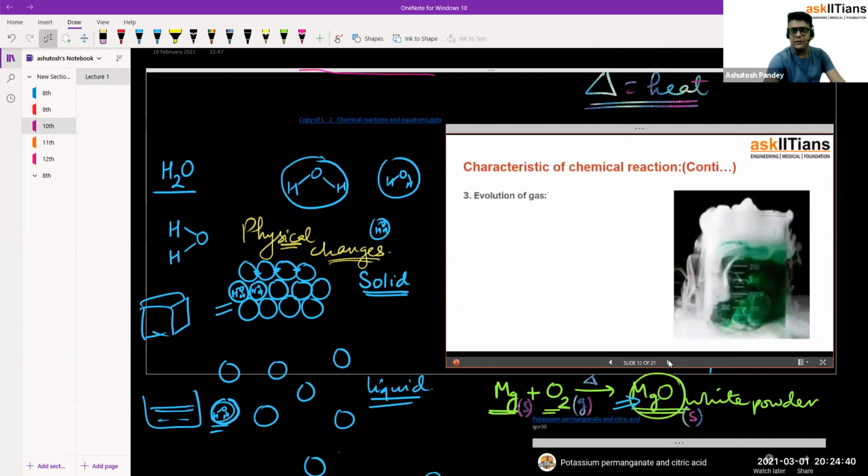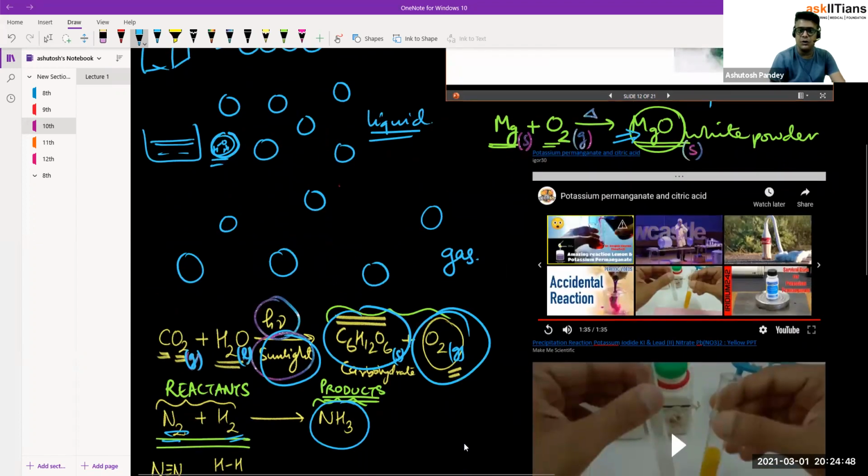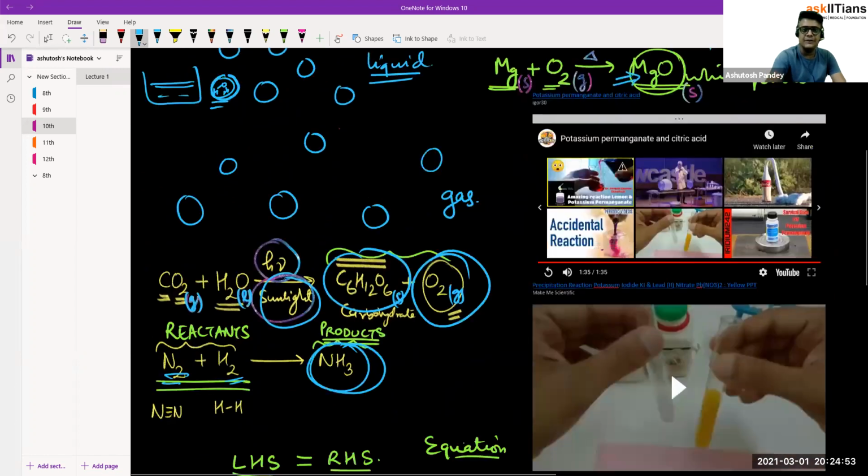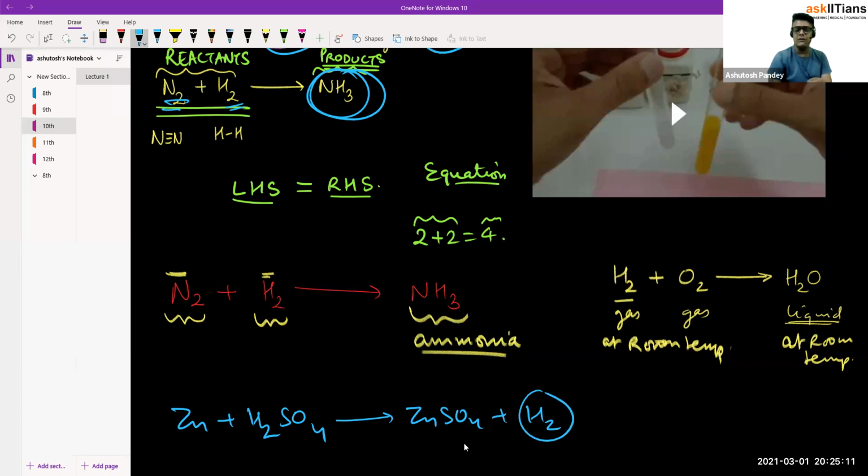Now next, evolution of gas. See here some gas is evolving, here also some gas is evolving, like in the previous example where zinc was reacting with H2SO4. So how will we come to know that the reaction has occurred? Because ZnSO4 plus H2 is formed, and when we bring a candle near this H2, the candle will go off with a pop sound, we know this.